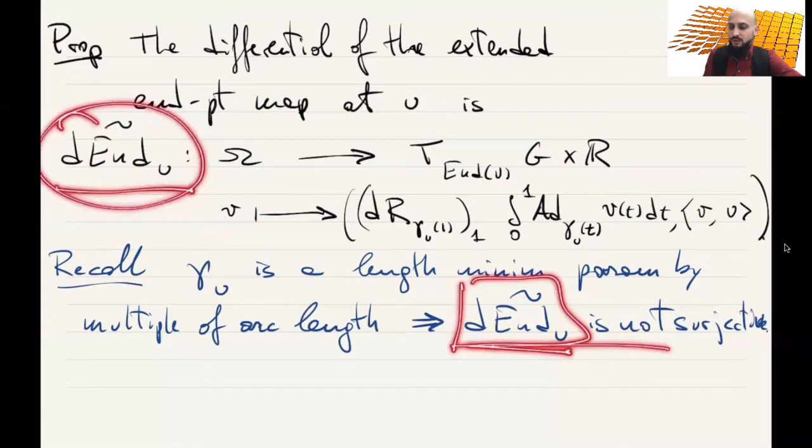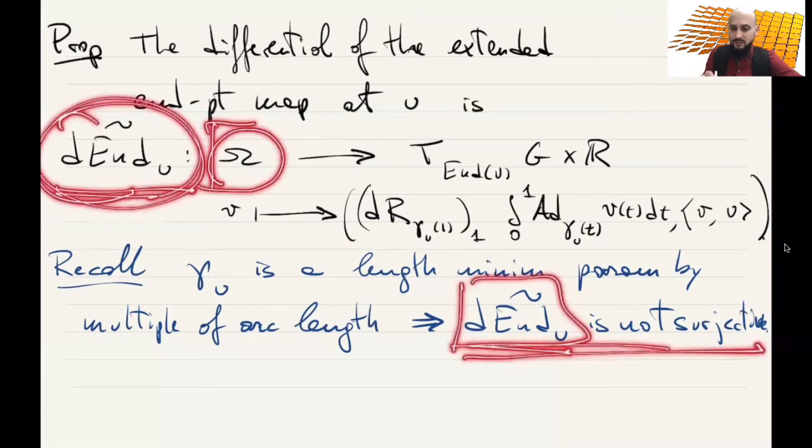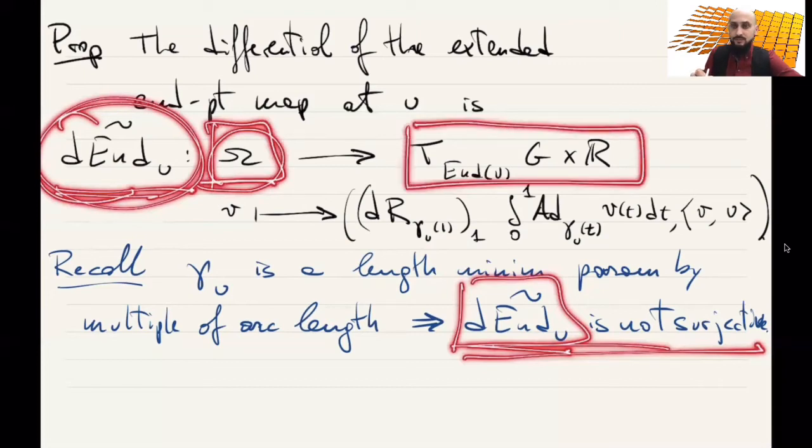And now let's see what it means that this map is not surjective. It just means that the image by this linear map of this linear space is a proper subset of this space.